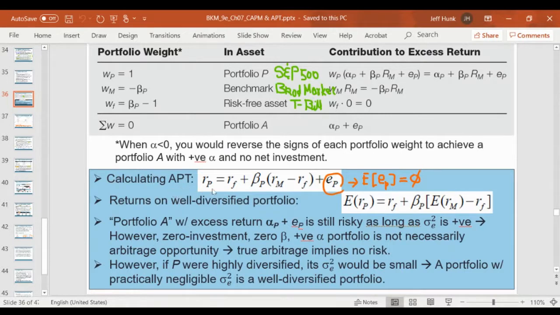So if you calculate, this is basically just like the CAPM specification, and if we take the expectations operator, in other words the mean value, the forecast return, because the residual on a well-diversified portfolio is white noise with mean 0, it's going to be exactly like this, because this term is going to drop out.